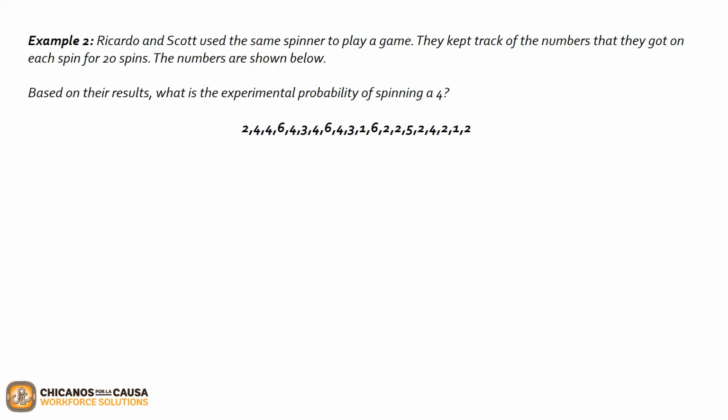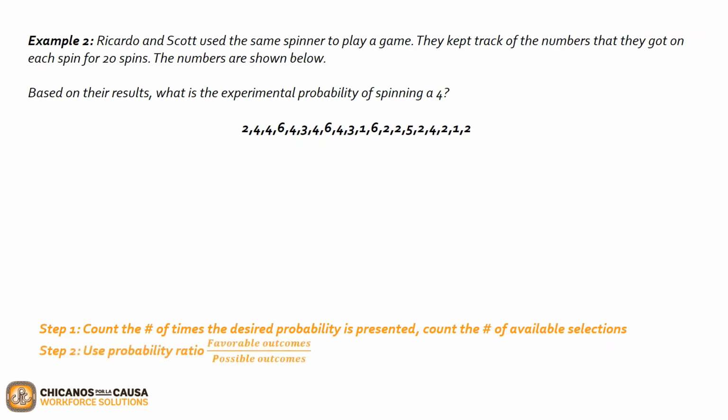So let's solve this using our steps. So step 1, count the number of times the desired probability is presented. Then count the number of available sections. So in this case, our desired probability is a number 4. Then we're going to follow step 2. Use probability ratio.